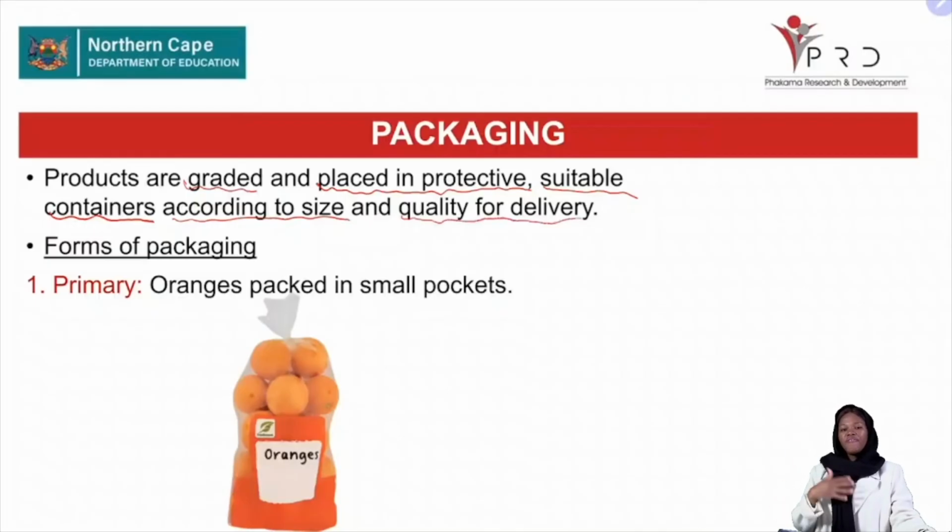Now, there are different forms of packaging. Firstly, we have the primary packaging, where oranges are packed in small pockets so we can sell them directly to consumers. Now, we use a form called primary packaging.